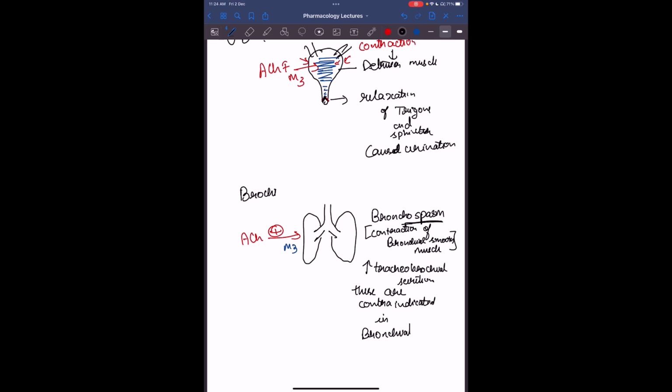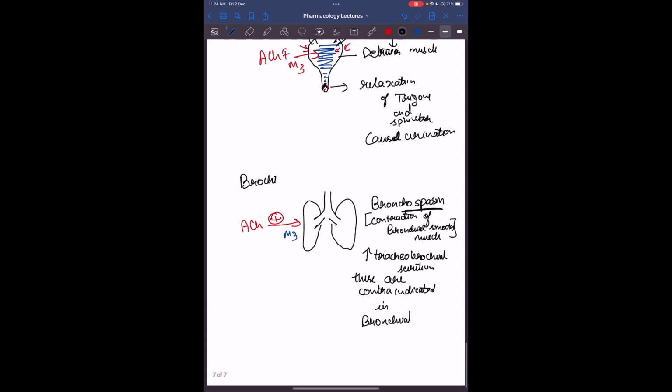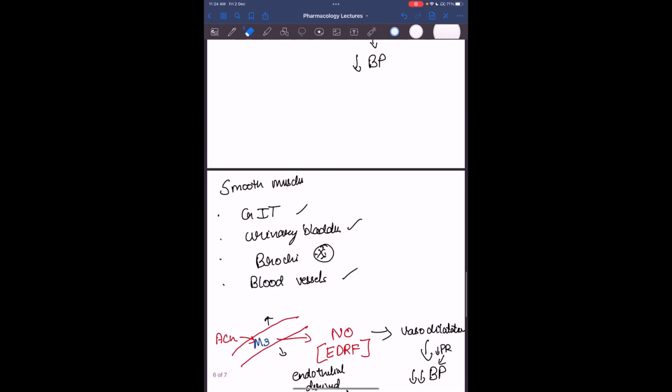If acetylcholine acts there, it causes even more bronchospasm and increased bronchial secretion, there's decreased oxygen, and it will lead to death at last. Okay, these are the important main things.